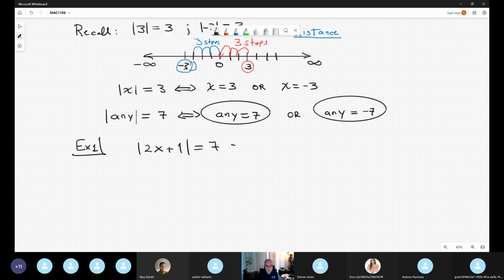And this is equivalent, that symbol, a double arrow, indicates equivalent, which is more than equal. Equal is equal, this is equivalent, 100%. It's equivalent to write 2 equations. The first is 2x plus 1 equals 7, positive, or 2x plus 1 equal -7.